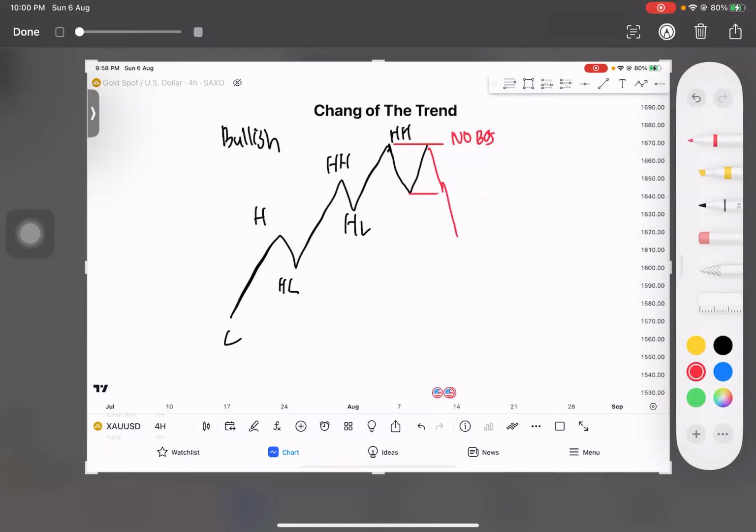If a new lower low breaks out this weak low, this is not considered a change of character.